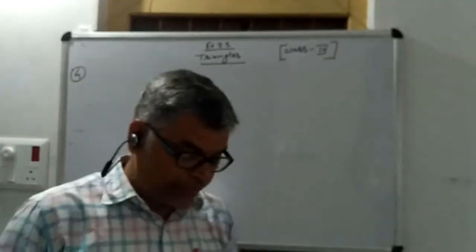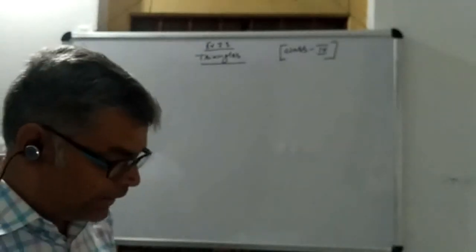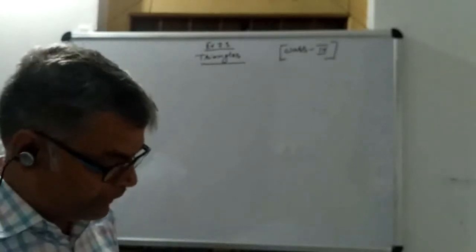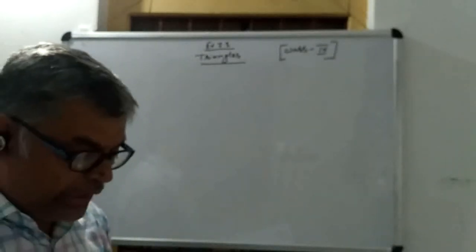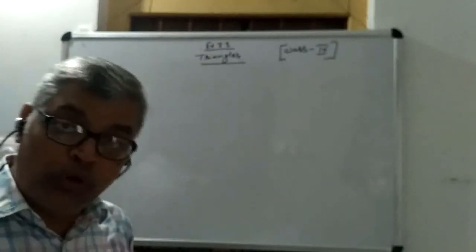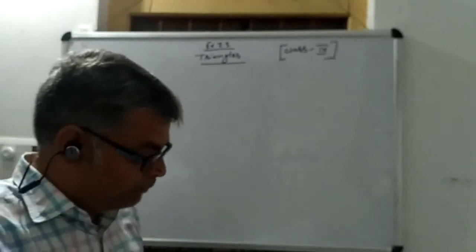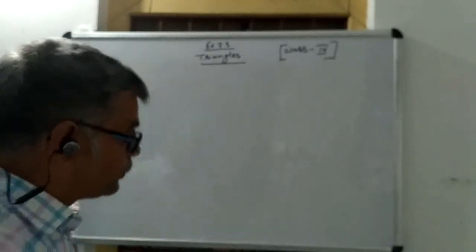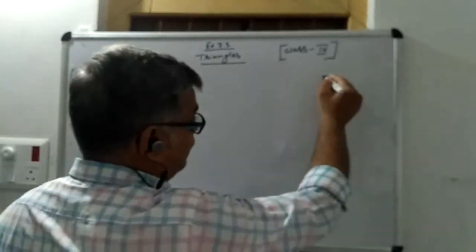Question number 4 is: BE and CF are two equal altitudes of triangle ABC. Using the RHS congruence rule, here the rule of congruency is mentioned, that is RHS, prove that the triangle is isosceles. So first we draw the figure.